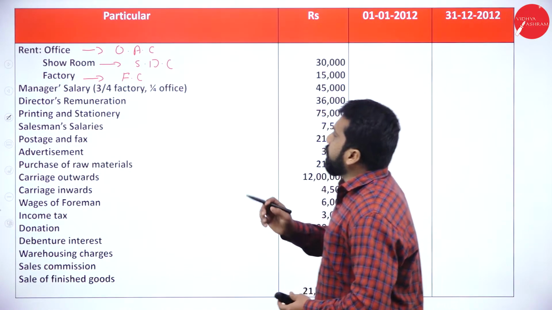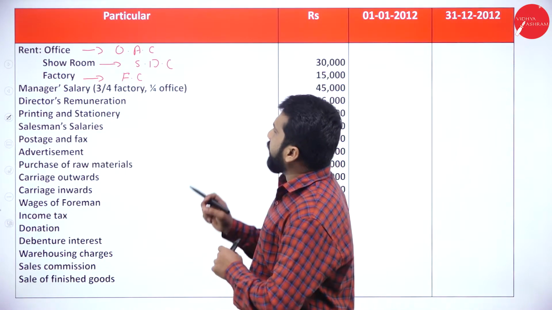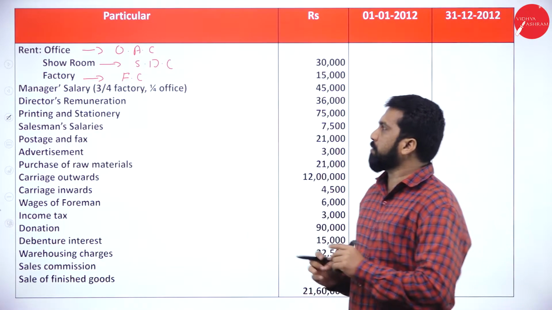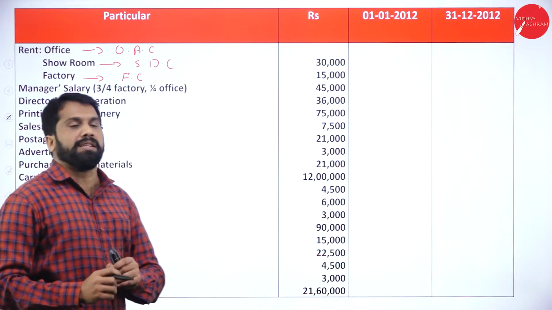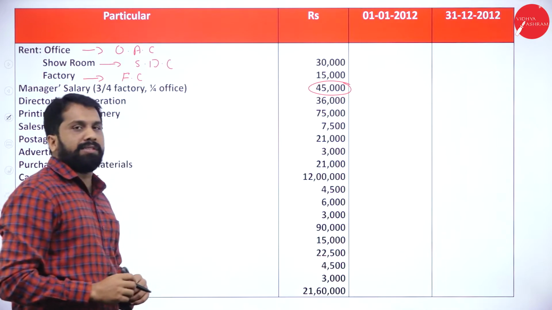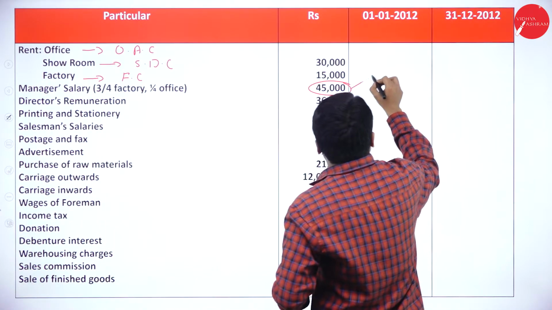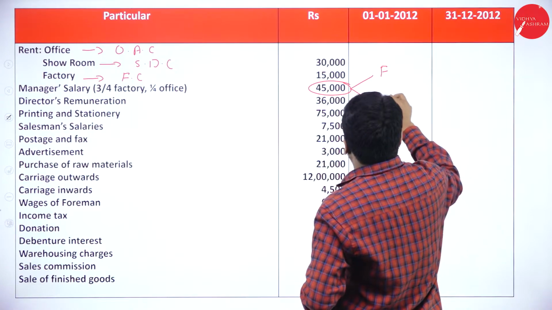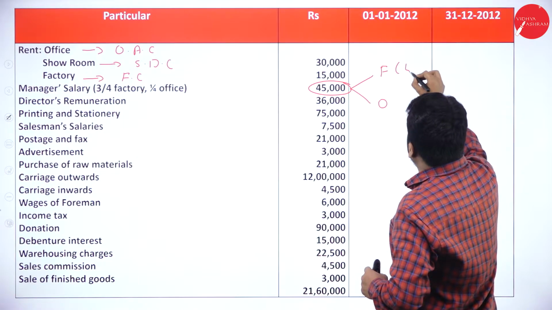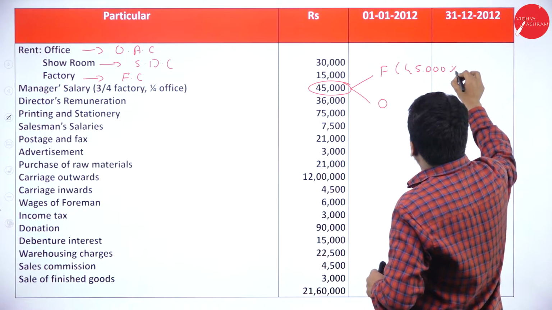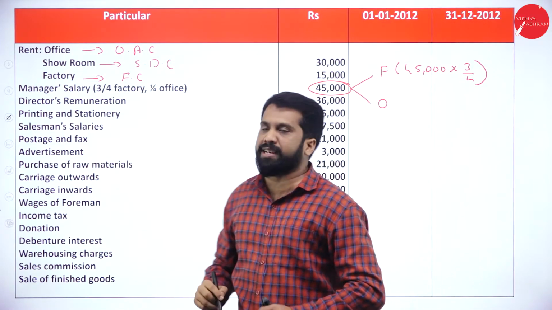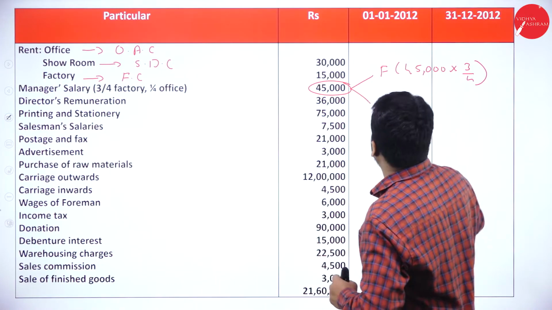Then your manager's salary. They have mentioned 3/4 factory, 1/4 office. Very simple. Whatever amount is given, I'll show you the calculation. They have given 45,000. In this, they have mentioned it is for factory and office. Factory, how much? 3/4. What is the amount? 45,000 multiplied by 3/4. Similarly, 45,000 multiplied by 1/4 for office.